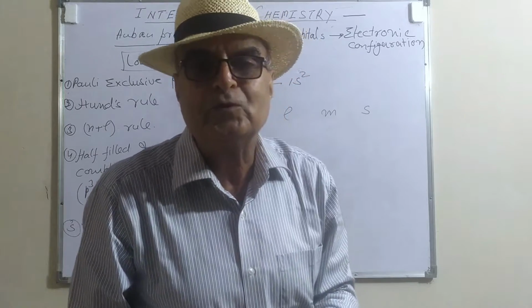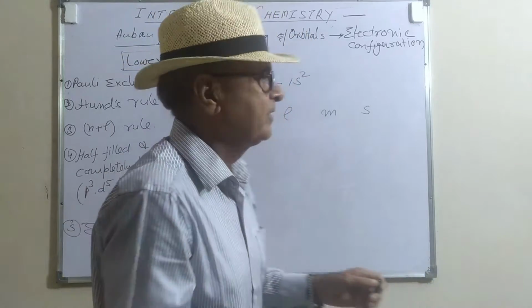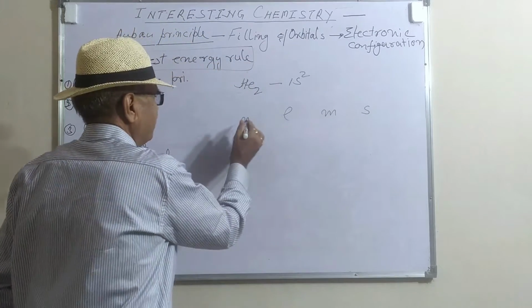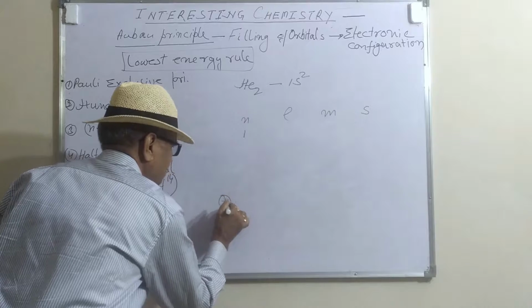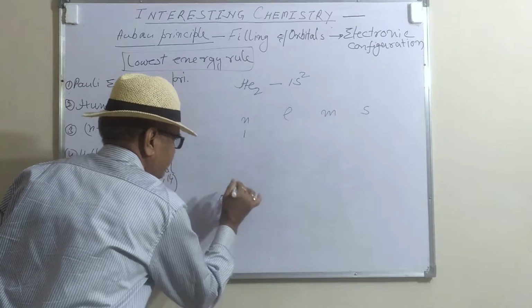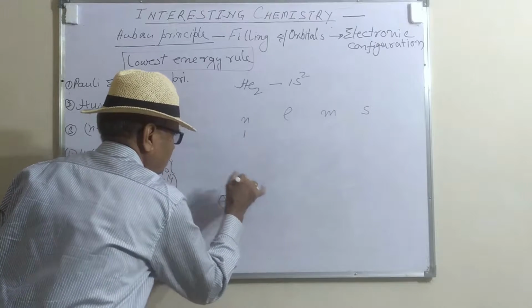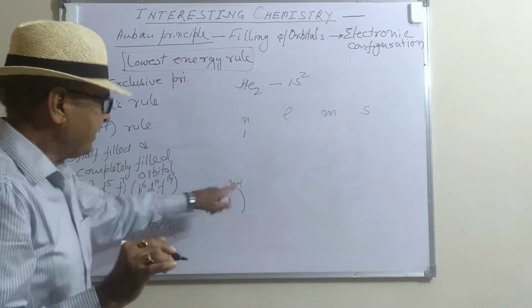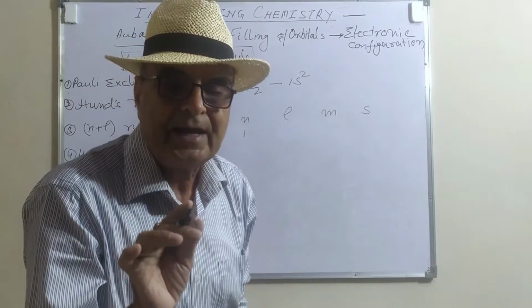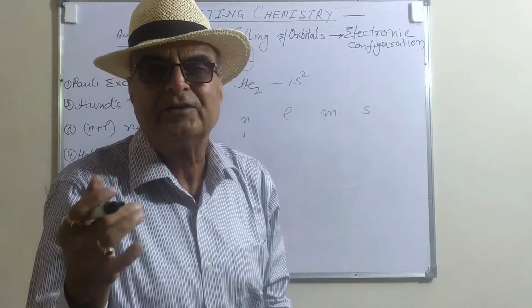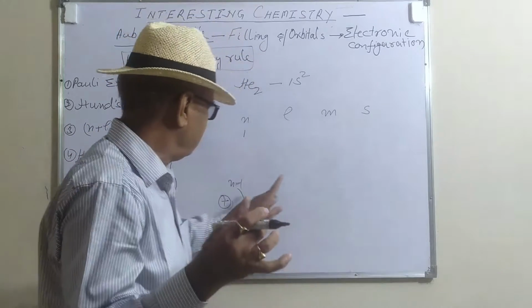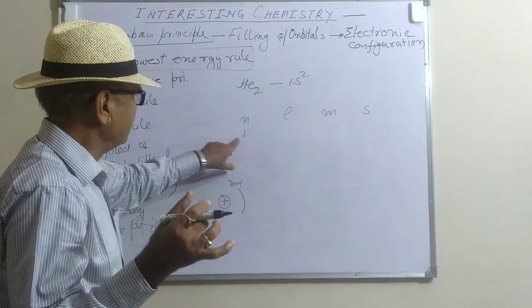So how will you get the values? Suppose the principal quantum number is 1. It means this is the nucleus, this is the first shell, so n is equal to 1. It has subshells. How will you get the number of subshells for this principal quantum number?